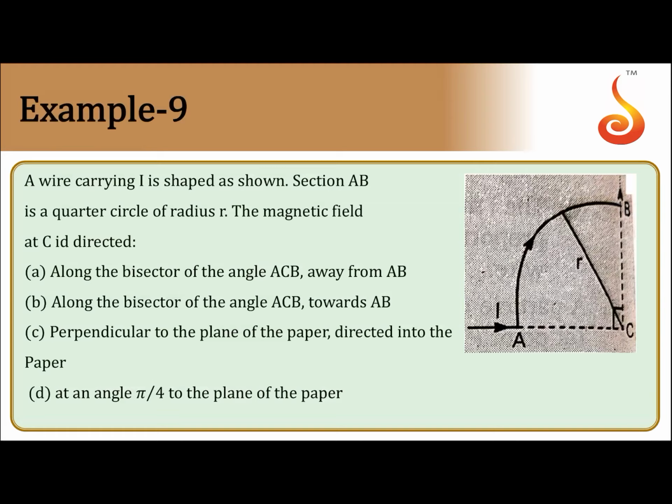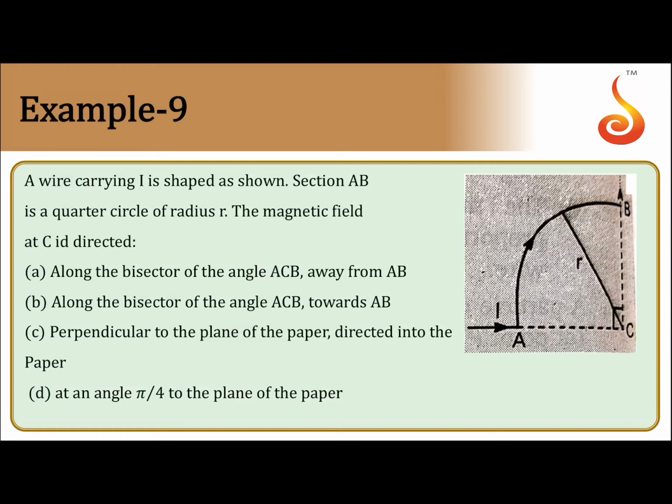Now the question is, a wire carrying current I is shaped as shown. Section AB is a quarter circle of radius r. The magnetic field at C, that is the center, is directed along the bisector of the angle ACB towards AB, or third, perpendicular to the plane of the paper directed into the paper.